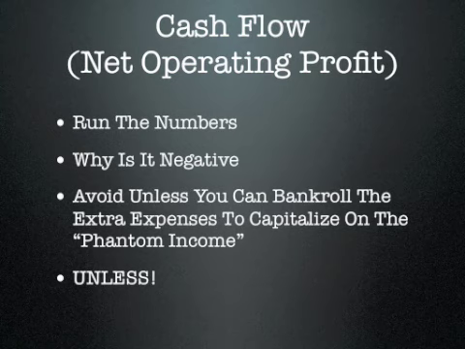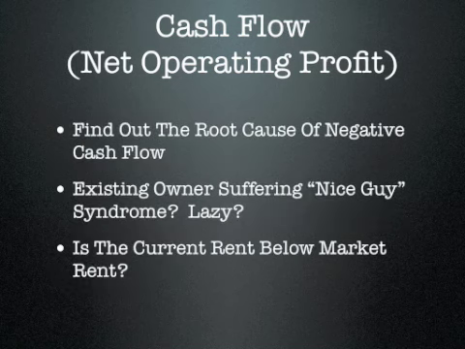So I don't like that. I like looking at opportunities that might have some negative income that you can turn around. So, negative cash flow, you might want to stick around and figure out what you can do to it.